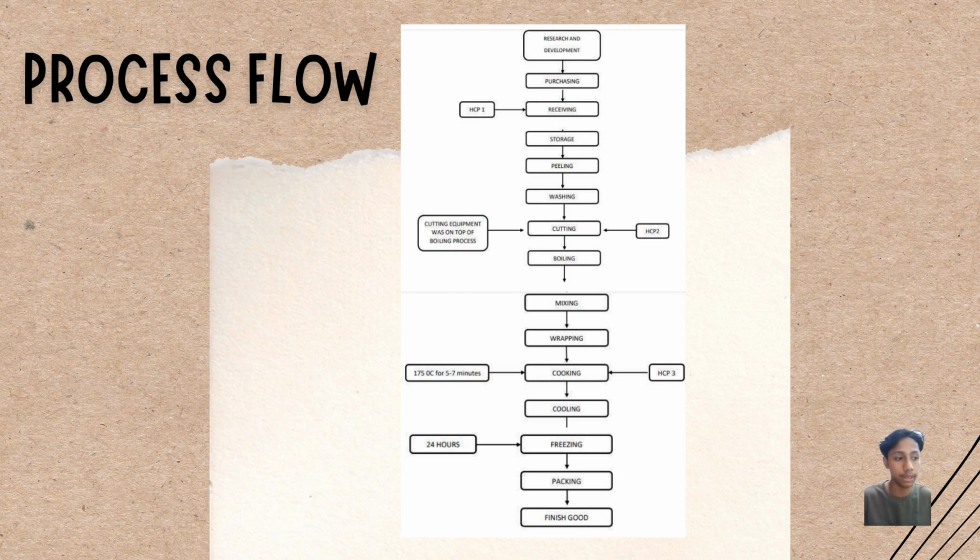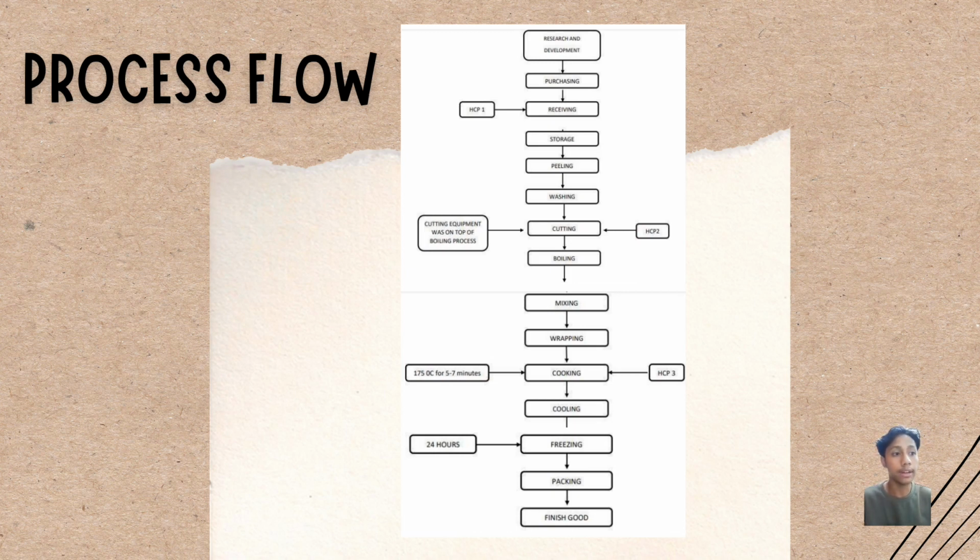First is on the receiving, second is on the cutting because the cutting equipment was on top of the boiling process. Number 3 is on the cooking because we cook our samosa at 175 degrees for 5 to 7 minutes. Lastly, as you can see on the freezing, we put 24 hours because we are going to freeze the samosa after all the process. We are going to freeze it for 24 hours.